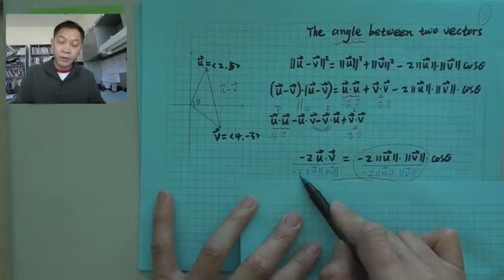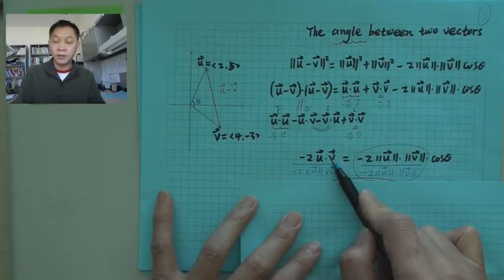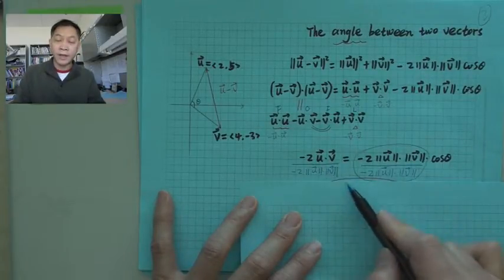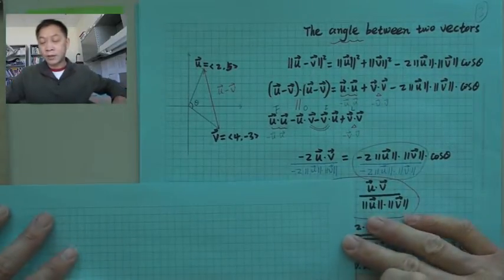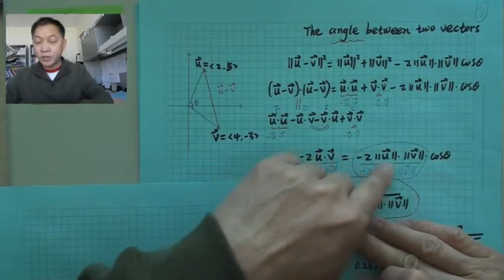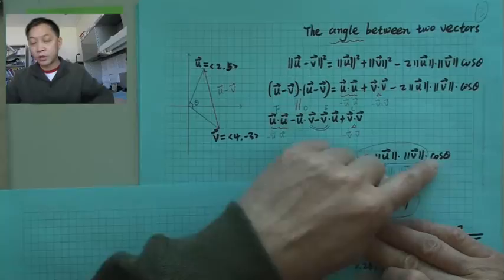Negative 2 cancels. So the left-hand side is U dot V divided by the length of U times the length of V. That's the left-hand side, which is the one I wrote here. Right-hand side, numerators and denominators are the same. You cancel it. So you have cosine theta.